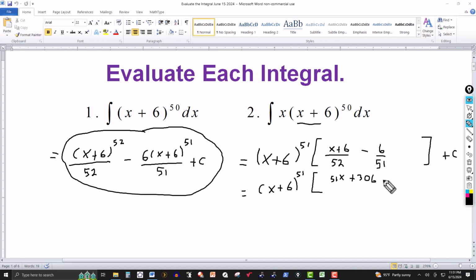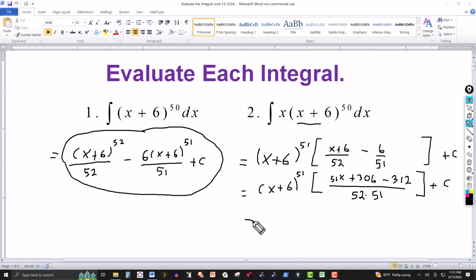Then I'm going to have the minus over here, and then I cross multiply this way. 52 times 6 will give me 312, plus the constant of integration. And I'm just going to leave the denominator in product form, 52 times 51. That's 2652, but I'm going to leave it as a product here.